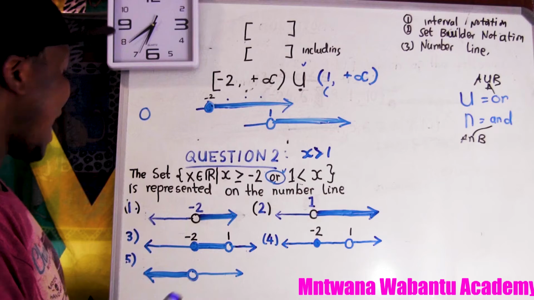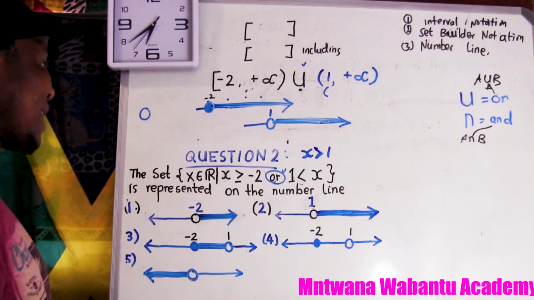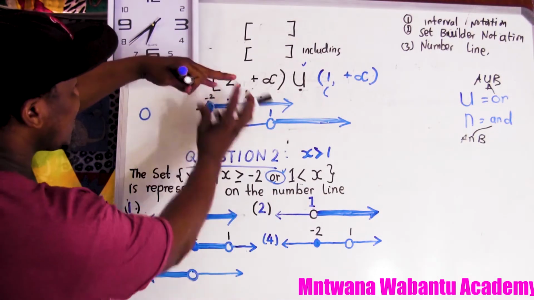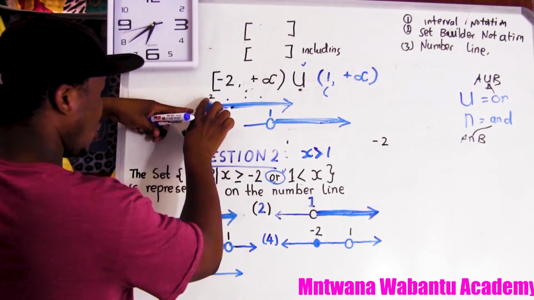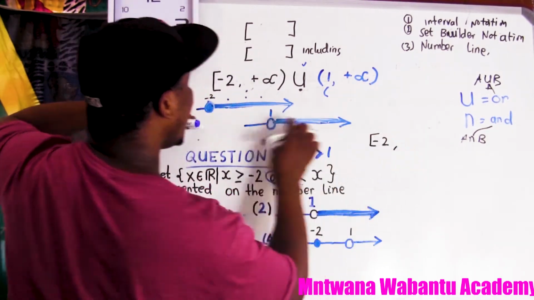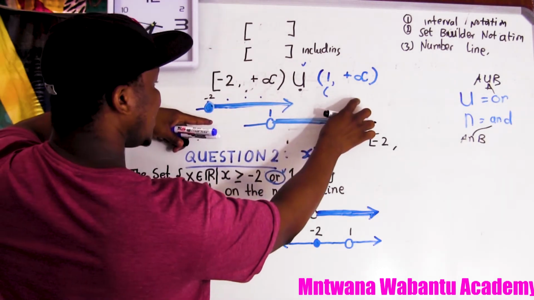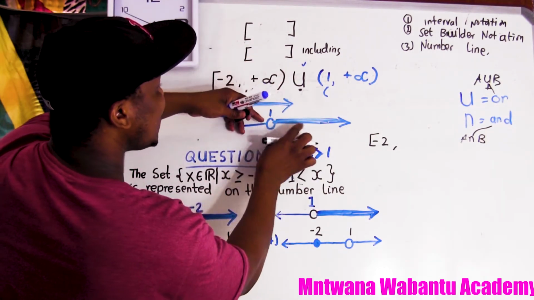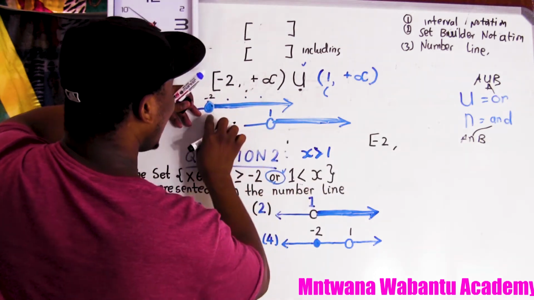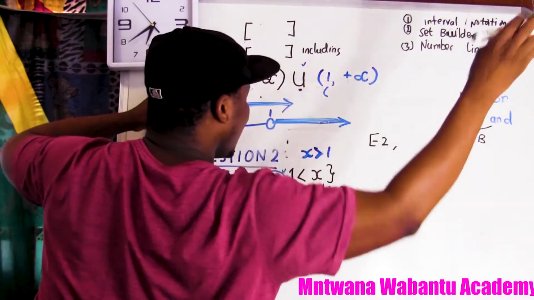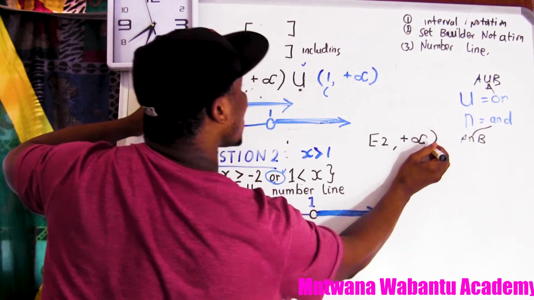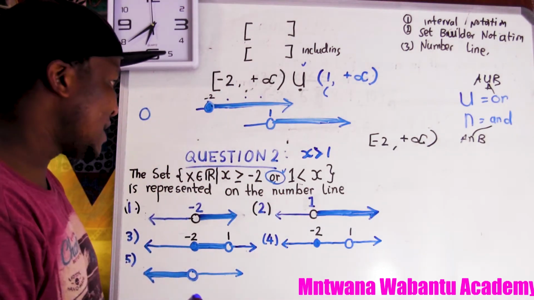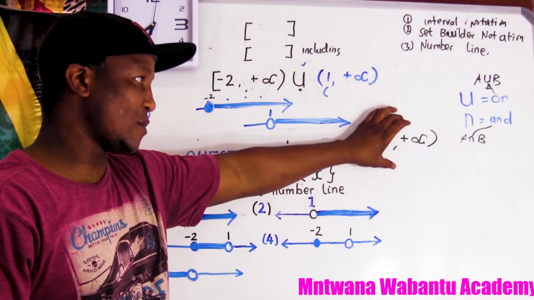If you combine them, this is how the number line is going to be. If you put them together, it's going to start from -2, and it's included. Now we go all the way to positive infinity. If you put them together, even this goes to positive infinity. So it's going to be everything from -2 to positive infinity. And we know positive infinity is excluded. If I write that in interval notation, it's going to be like this.